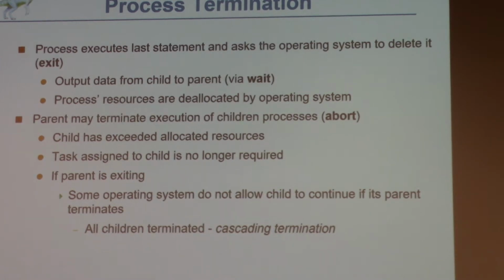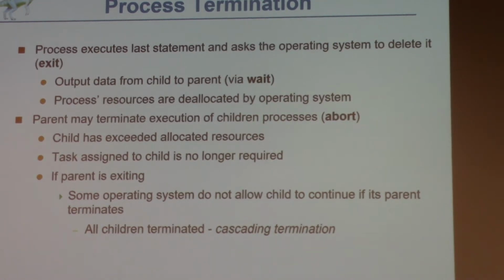However, sometimes, one more thing. When you terminate, do you remember what the PCB is? The process control block, which is the data structure that the operating system uses to keep all the information about the process.